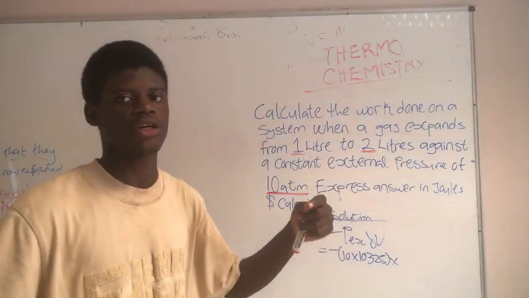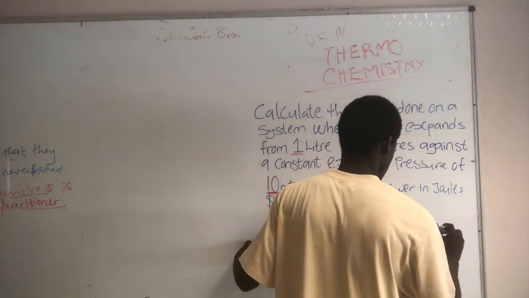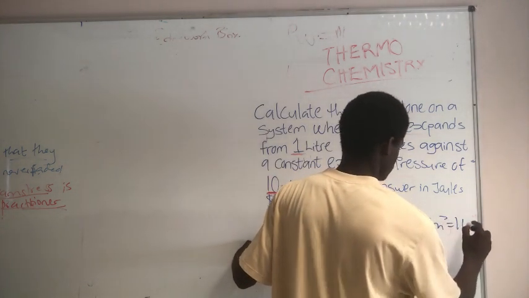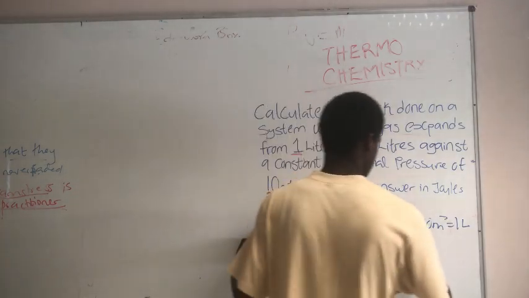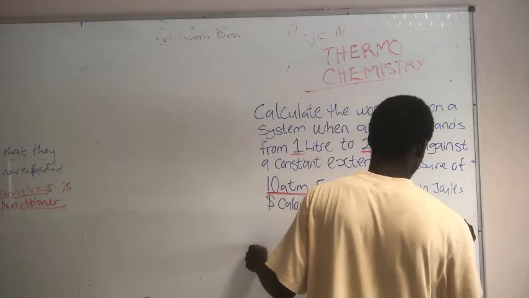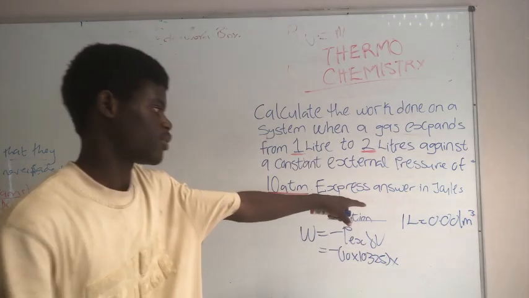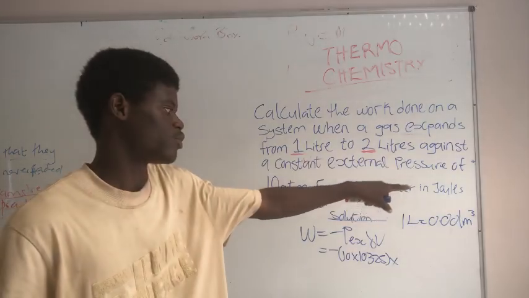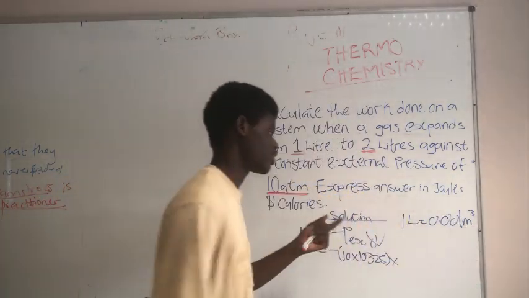And we know 1000 liter is 1 meter cube, so 1 liter is 0.001 meter cube. So we are taking it to meter cube.